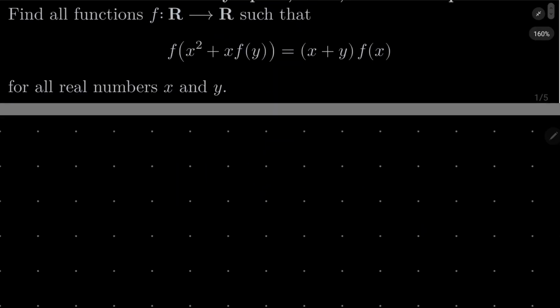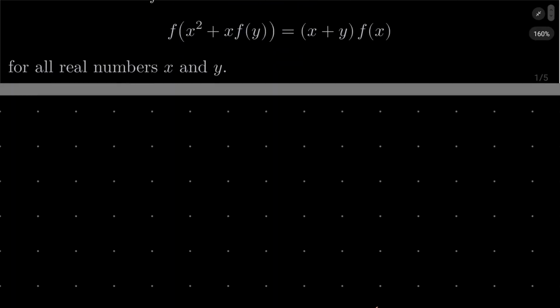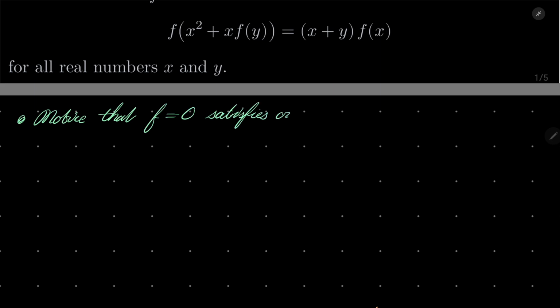Right, so as I said, notice that our function which is constantly zero satisfies our equation. Obviously, because here we have 0 equals 0. So that was easy.